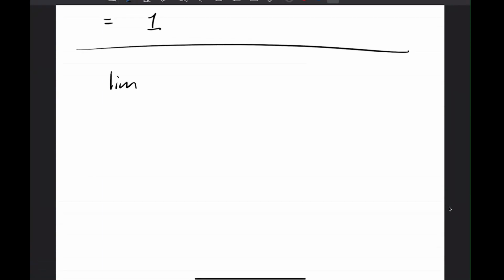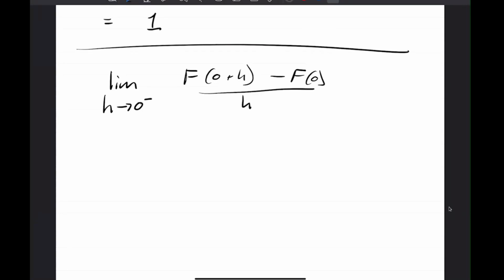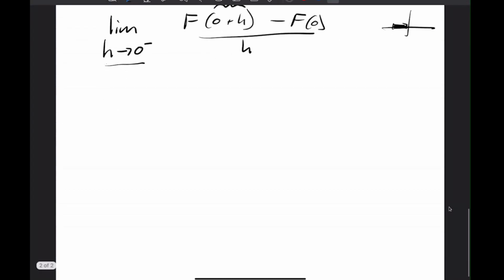So the limit as h tends to 0 from the left of big F of 0 plus h minus big F of 0 over h. And now remember, we're taking h as h tends to 0 from the left. So what we're substituting into f is going to be negative.